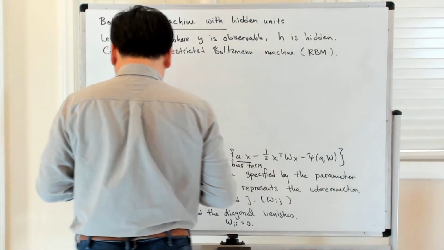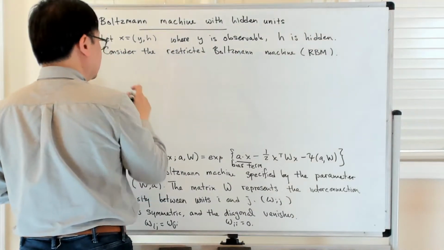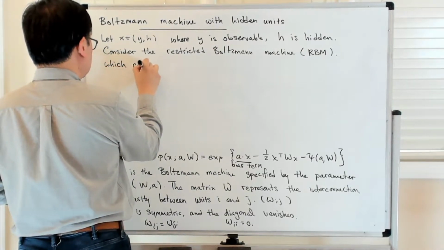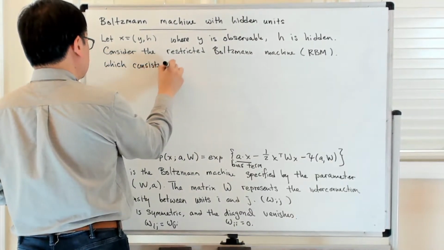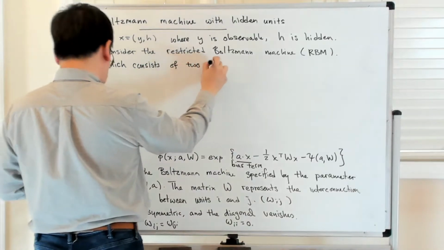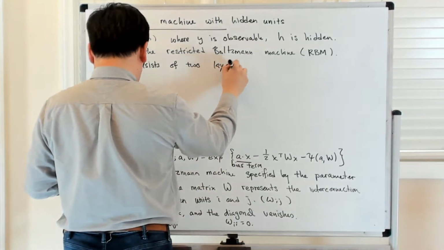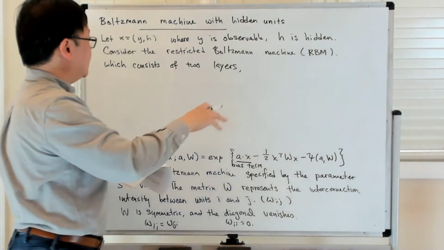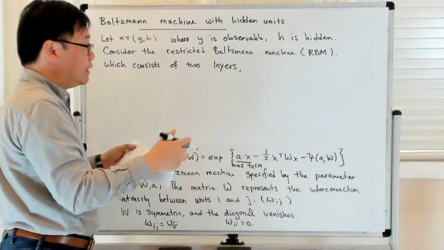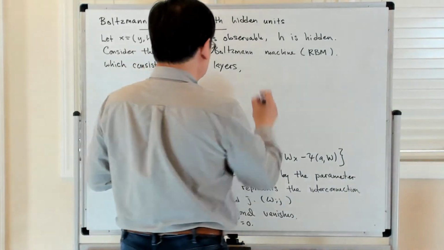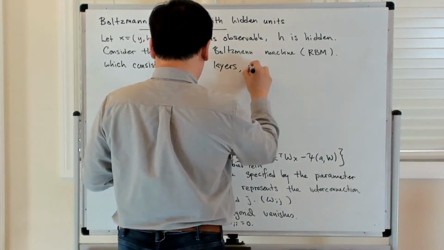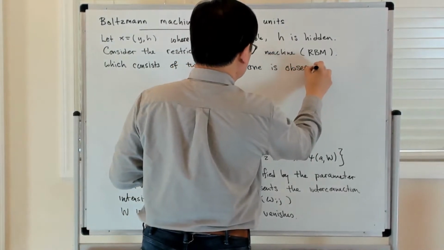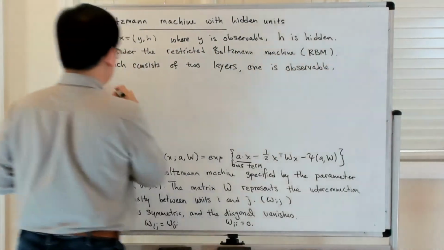It consists of two layers. The first layer has to do with the observable layer, and the second layer has to do with the hidden layer.